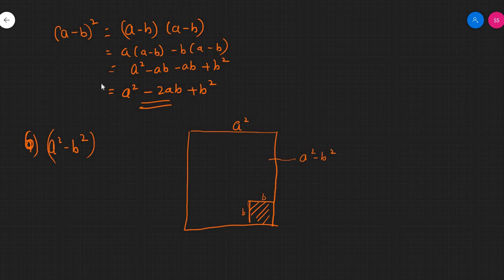Now, to have an alternate view, you can actually cut this sheet of paper, if it is a paper, at this point. So here you have b, and here you have a minus b.